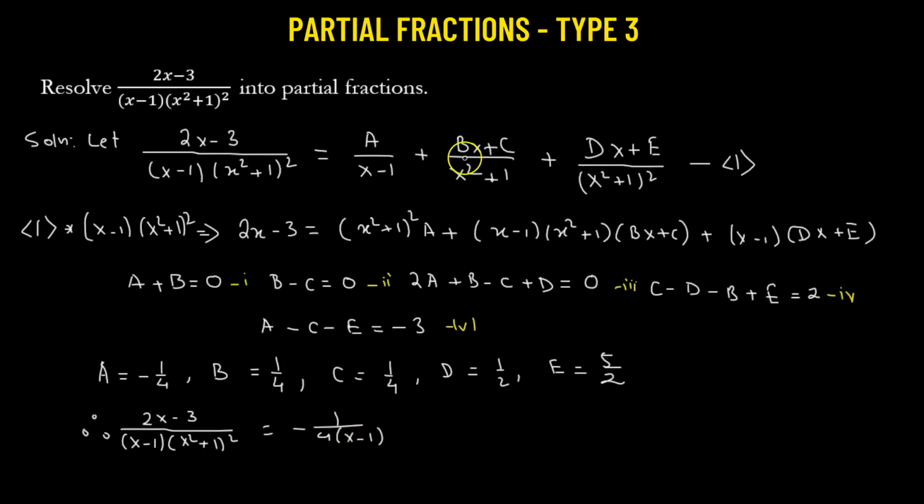Then we have Bx plus C, where the B value is 1/4 and the C value is 1/4, so this will be x plus 1 divided by 4 times x squared plus 1. Then the D value is half and the E value is 5 over 2, so this will be x plus 5 divided by 2 times x squared plus 1 whole square. So we have successfully resolved the given rational fraction into 3 partial fractions.